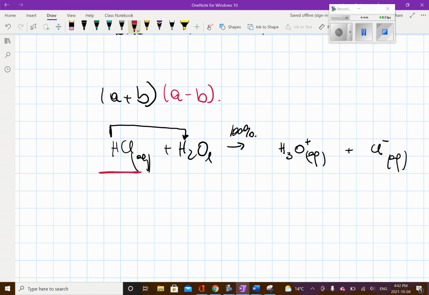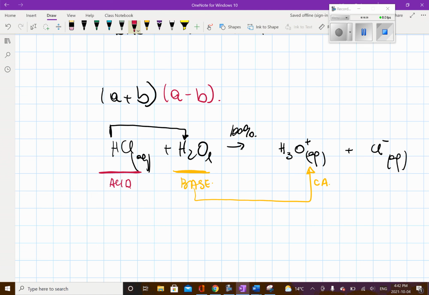Now, in this case, since hydrochloric acid is donating the hydrogen, it is considered to be the acid, which leaves the acceptor of the hydrogen as a base. The base, by accepting the hydrogen, is turned into a conjugate acid.